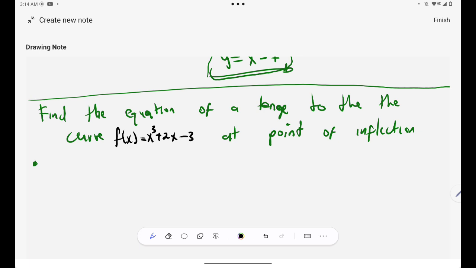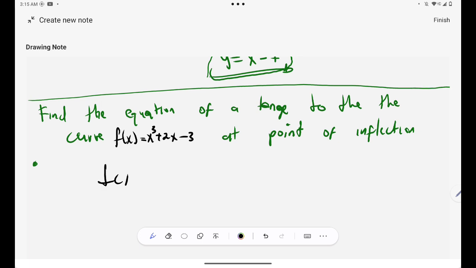I'm supposed to find the equation of a tangent to the curve at the point of inflection. Are we together? How do I get the point of inflection? For me to find the point of inflection, I must always make the second derivative equal to 0 and then solve for x. Are you together?